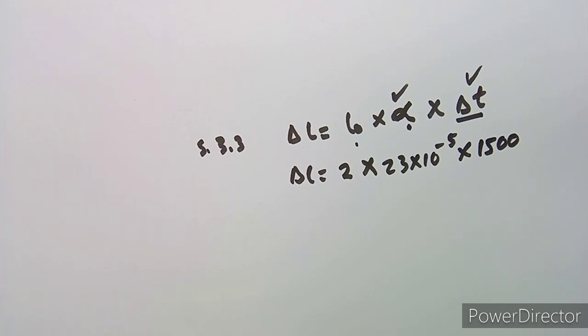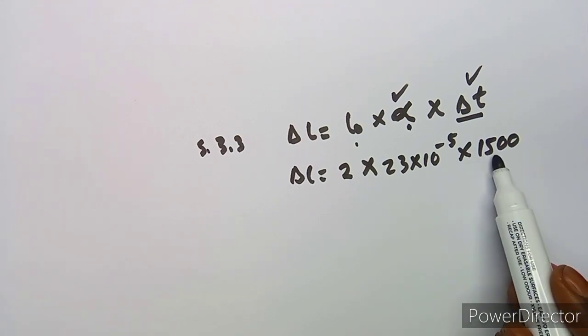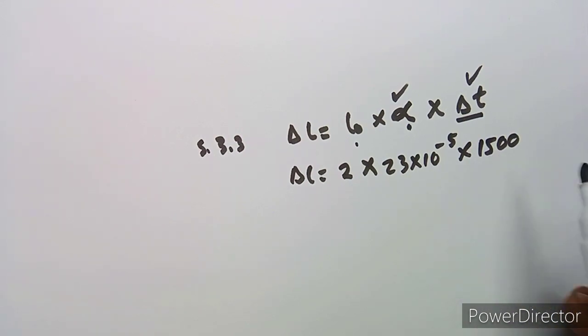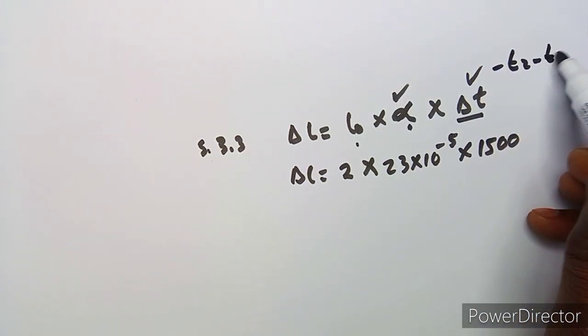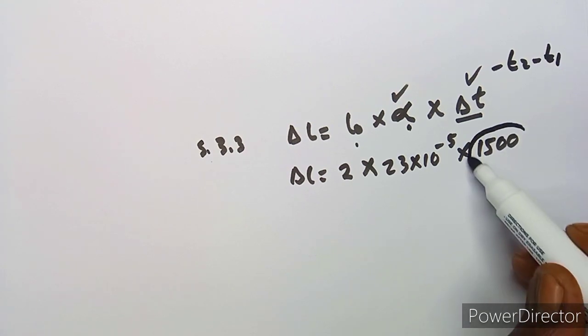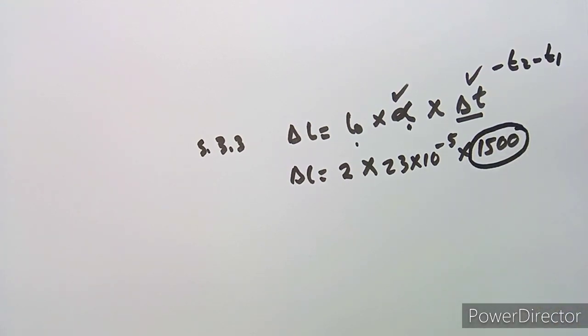So this is what you're going to have at the end, provided that you multiply it properly. Take note, guys, here we are not talking of T2, we are talking of the change in temperature. That is why you have to write this 1500. The change in temperature is the one that you write, not the final.